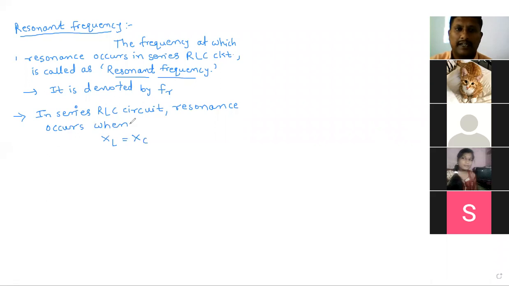So first of all, when XL becomes equal to XC, resonance occurs. At resonance, what are the things that will happen? First of all, XL becomes equal to XC.